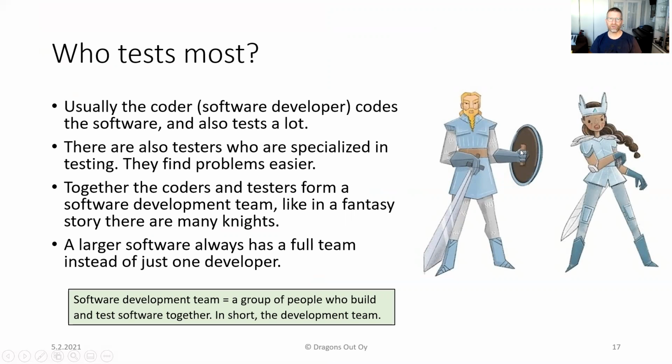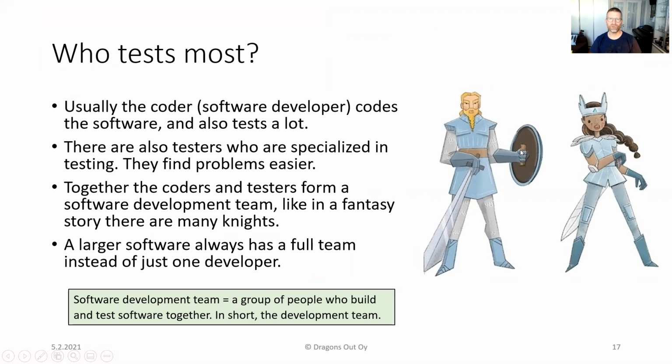Testers are there also, and they are specialized in testing, which makes them better at finding problems. It is always easier to do something when you are very good at that particular skill. Together, coders and testers, or developers and testers, form software development teams.